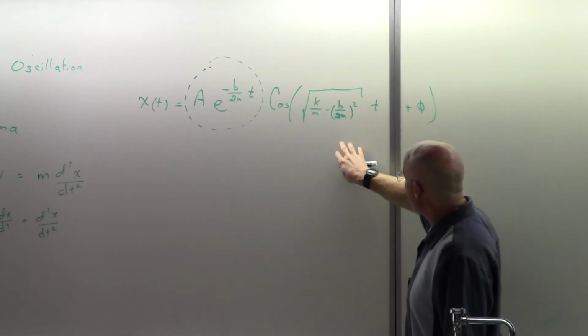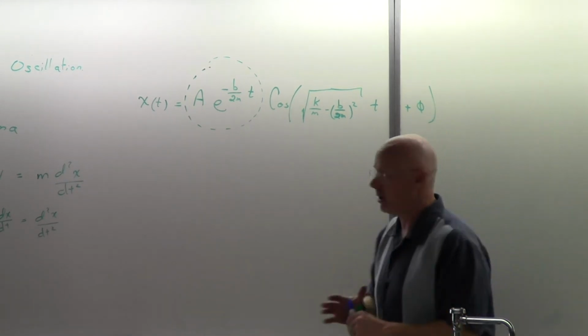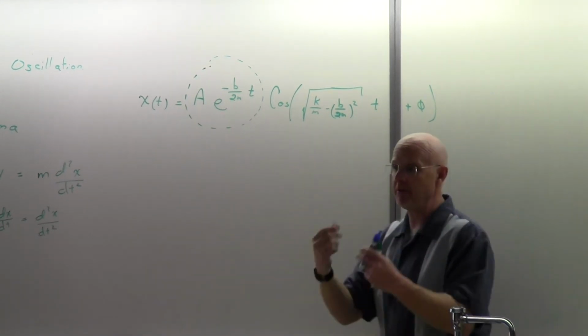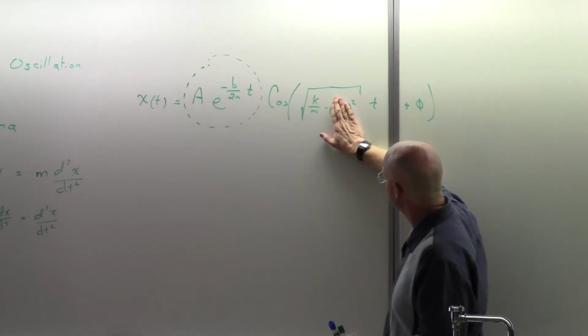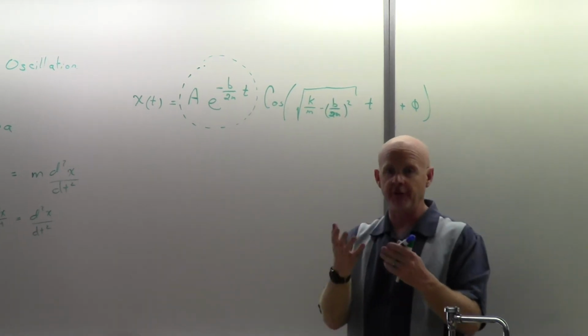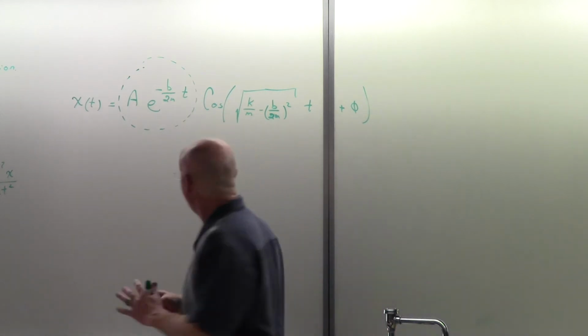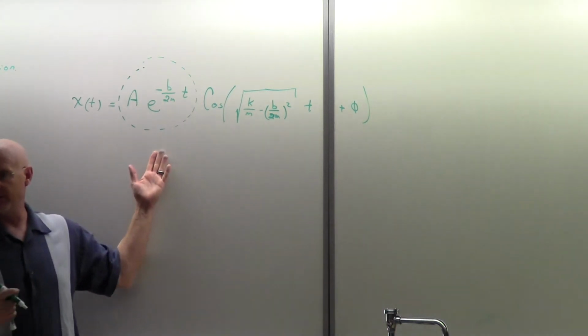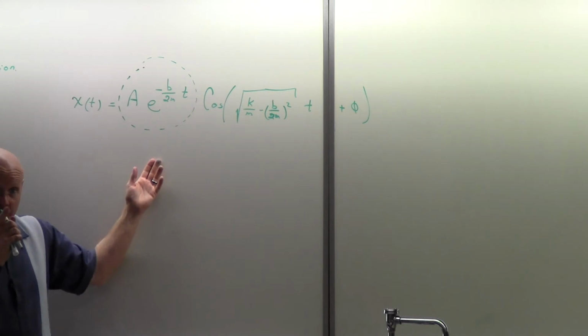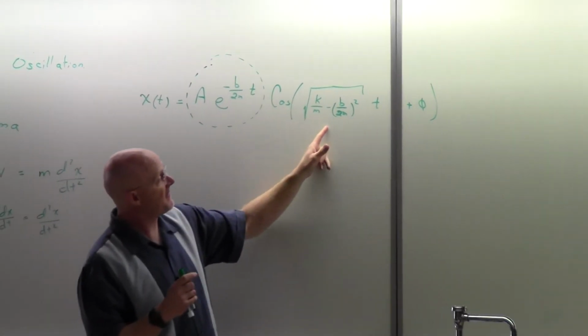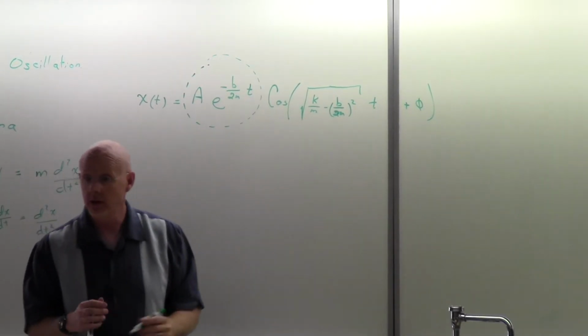This is interesting because without any friction, what did we get before? Yeah, so you can kind of see what the friction is doing. The friction, or I should say resistance here, is doing two things. Number one, it's reducing the amplitude over time. But number two, it has a slight effect on the frequency.